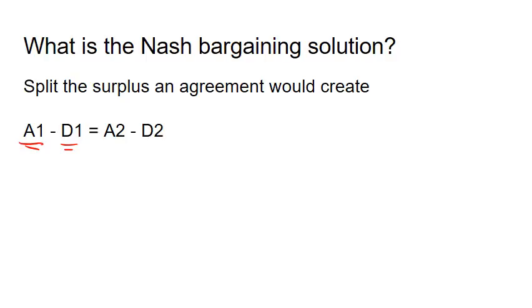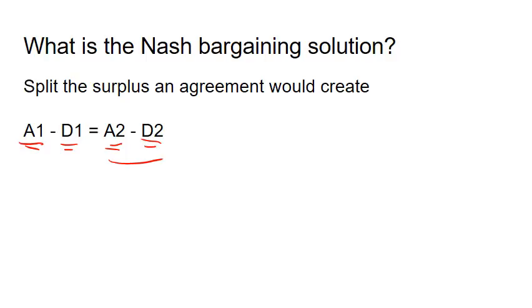So A1 minus D1 represents the gain that player 1 gets when they agree. In similar fashion, A2 is the payoff to player 2 when they agree, and D2 would be the payoff that they would get if they didn't agree. So the difference between A2 and D2 is the gain to player 2. The Nash bargaining solution is for those two differences to equal each other.